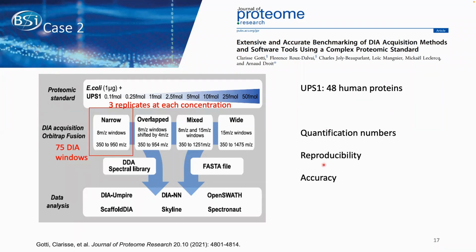I will mainly look at the quantification numbers and quantification reproducibility at each concentration, as well as the quantification accuracy using the pairwise comparisons. It's a simple case, but it can address the most relevant information with regard to quantification.